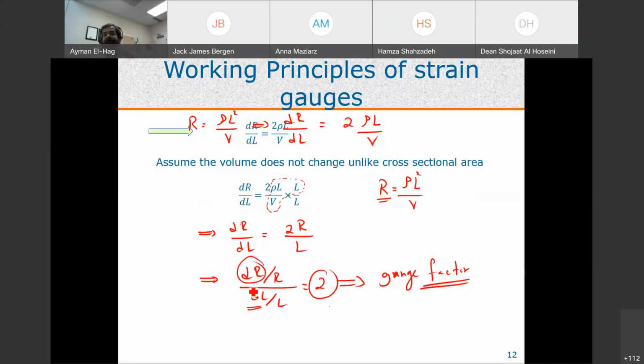And I want a small change in the length to give a bigger change in the resistance, to be able to measure this. Imagine if dL changes by 1 meter, my resistance will change by 0.00001 ohm. So this is really bad, because what if the change is 1 centimeter? Then I cannot measure anything. So I want the change in the resistance, as a reflection of the change in the length, to be as high as possible. And this ratio is called the gauge factor.